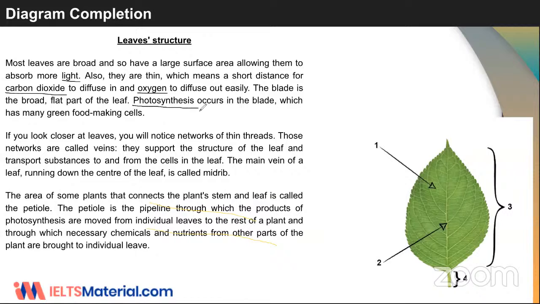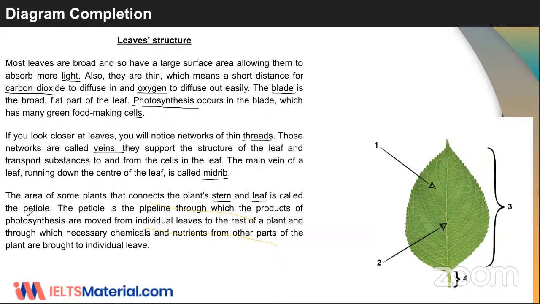Photosynthesis, yes, very good. Blade, also blade, yes, perfect. Then we also have cells. Cells are also names, right? We also have threads, and we have veins. We have midrib, yes, correct. And then stem, we have leaf.